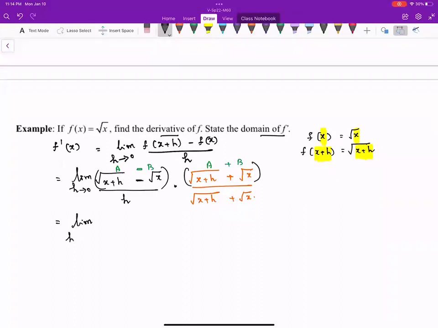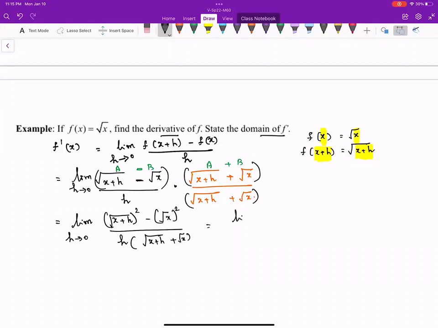Continue writing that limit as h approaching 0 till you substitute h equal to 0 at the last step. So it is square root of x plus h the whole squared minus square root of x the whole squared, difference of squares, divided by h times square root of x plus h plus square root of x.